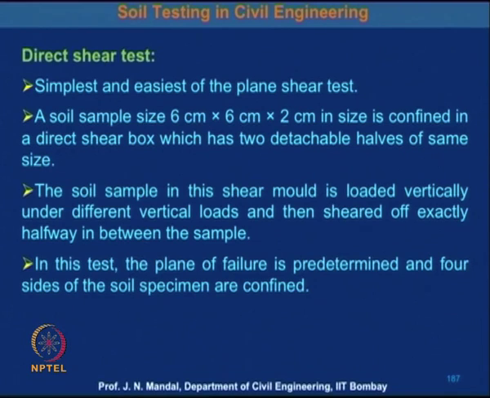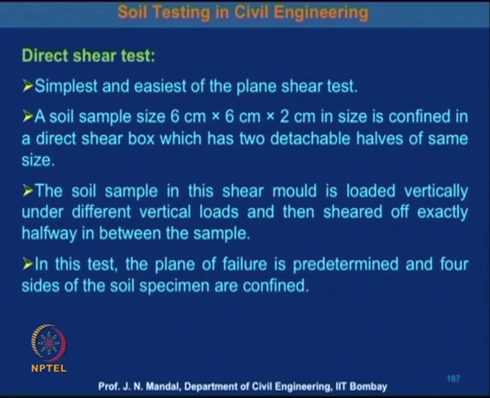The direct shear test is the simplest and the easiest of the plane shear tests. A soil sample of size 6 centimeter by 6 centimeter by 2 centimeter is confined in a direct shear box, which has 2 detachable halves of the same size.